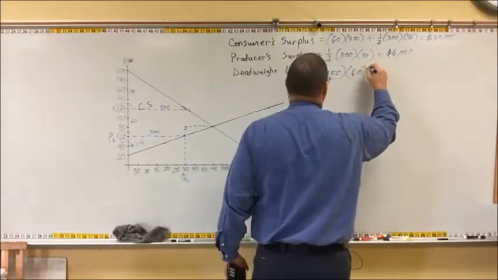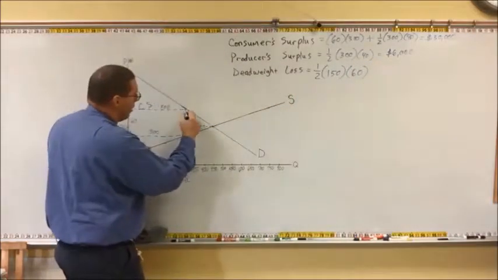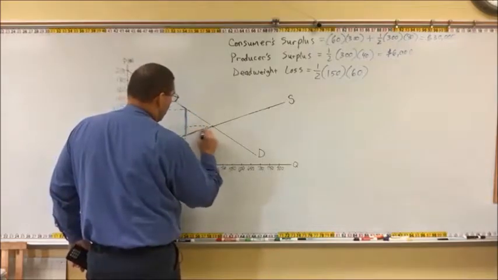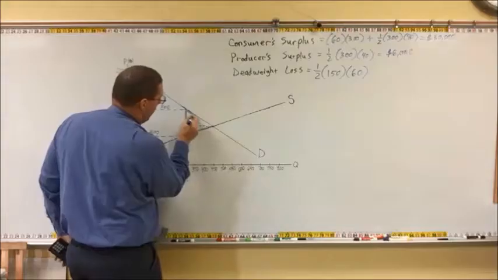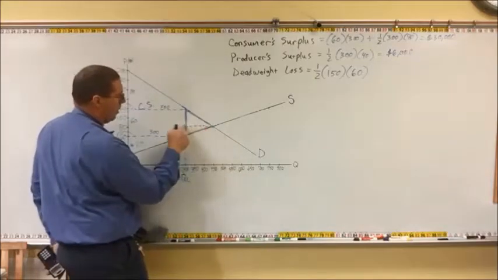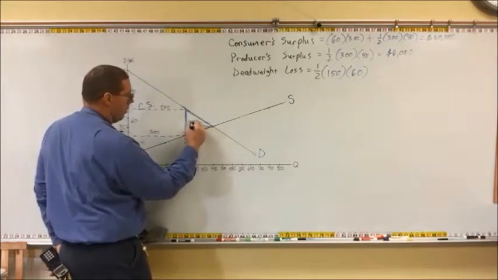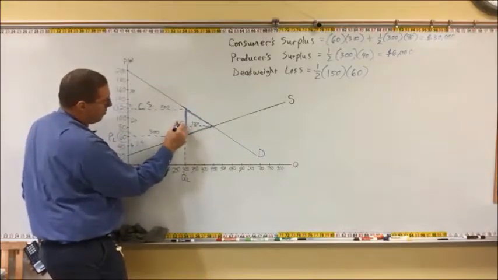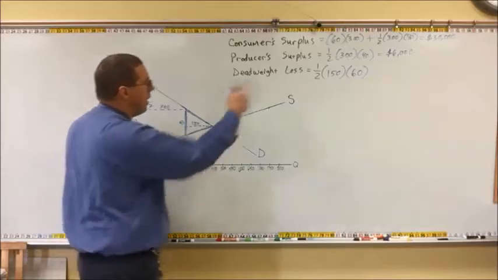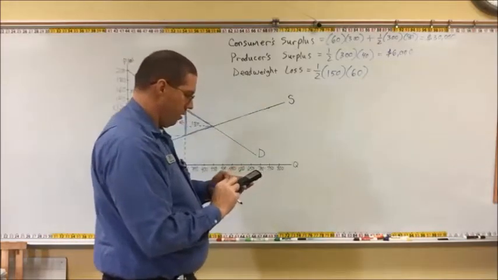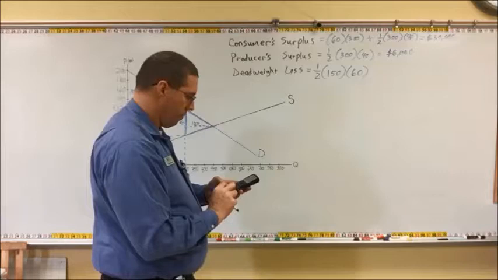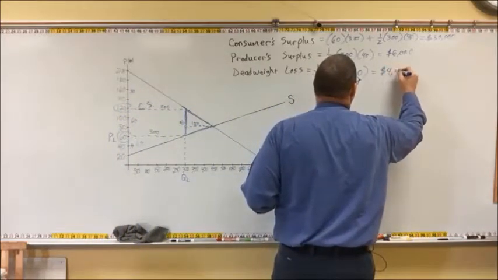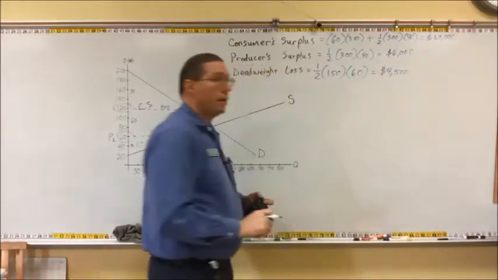So that's 60. And what we're calculating is the area of this triangle right here. And this triangle has a height that runs from here to here, that's 150, and a base from here to here of 60. And 1/2 of that times 150 times 60 is 4,500. And so that is the deadweight loss.